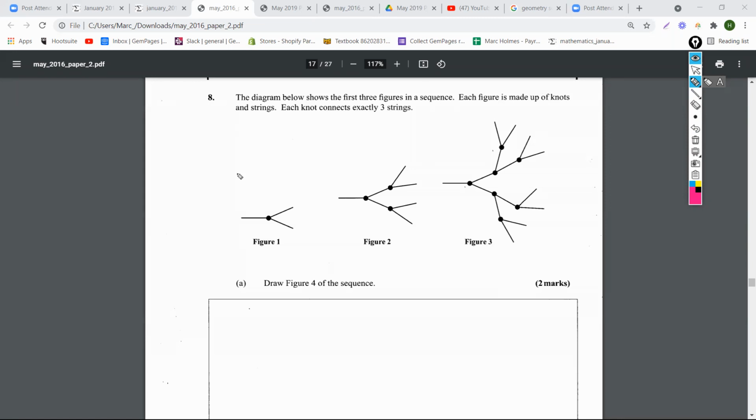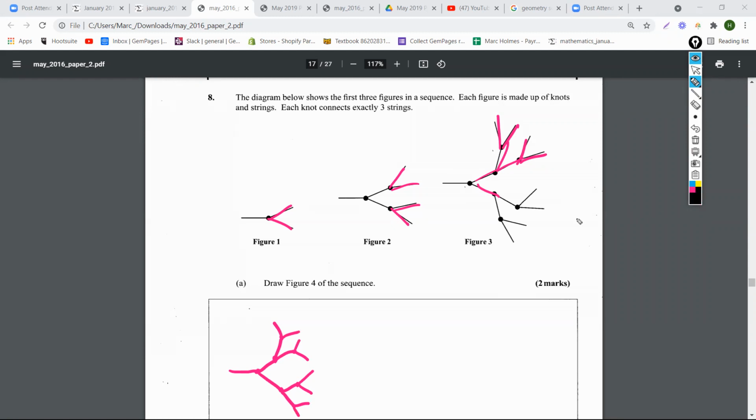So the first one has 2 leaving from it, and then the next one has 2 leaving from it, and then 2 leaving from it again. And then the next one has 2 leaving from it, and then 2 leaving from it, and then 2 leaving from it again. So the last one, guys, would be 2 leaving from each of these.